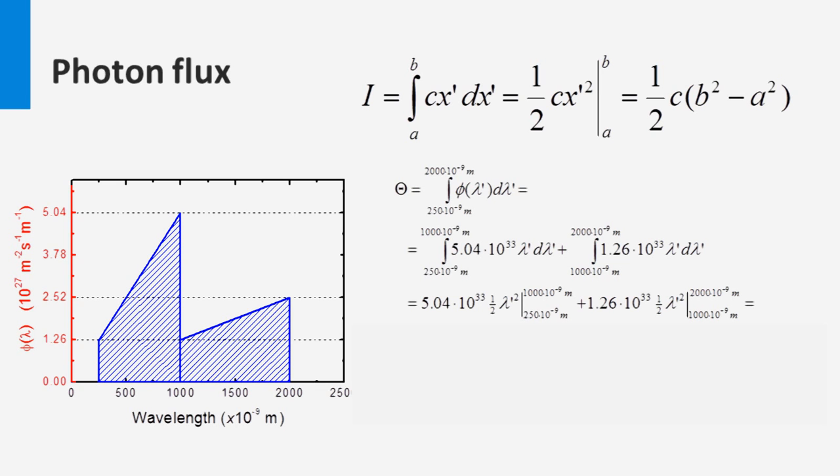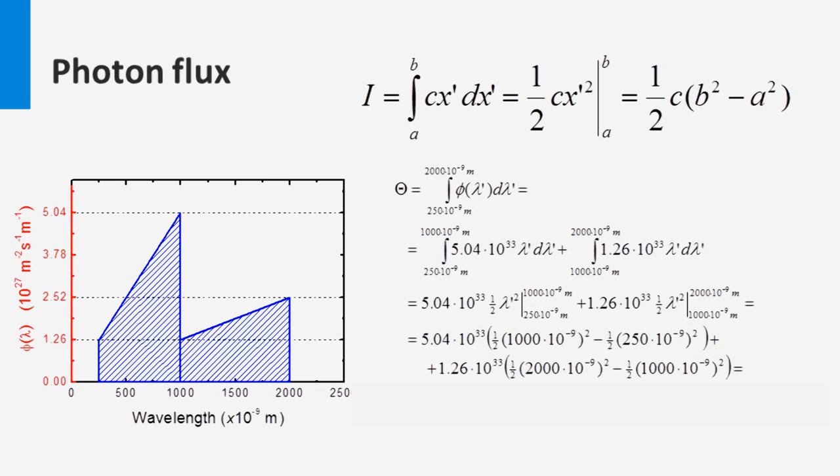Since the spectral photon flux is linear with lambda, the integral is half times lambda squared. Working out these integrals gives 4.25 times 10 to the power 21 photons per square meter per second. The same answer as we deduced earlier.